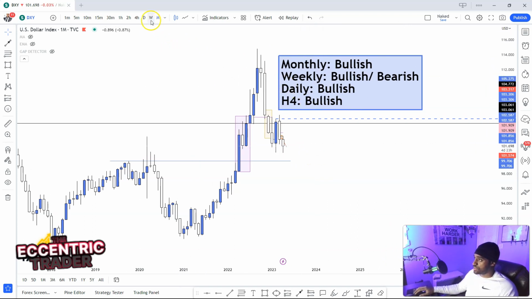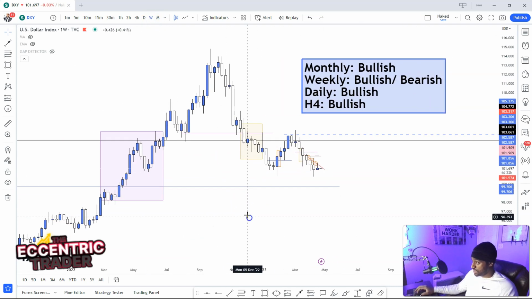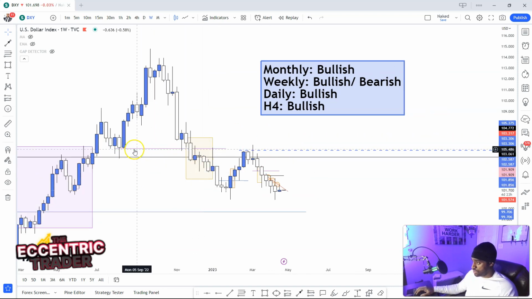All right, so let's go to the weekly. The weekly time frame is bearish, right? The last low that was broken was right here. Mark that off so you have a point of reference. Mark the candlesticks off. So 1, 2, 3, 4, 5 candles, right? And you should see lower highs and lower lows on the lower time frame to confirm this break.